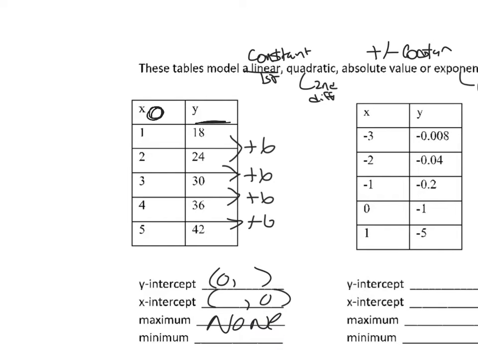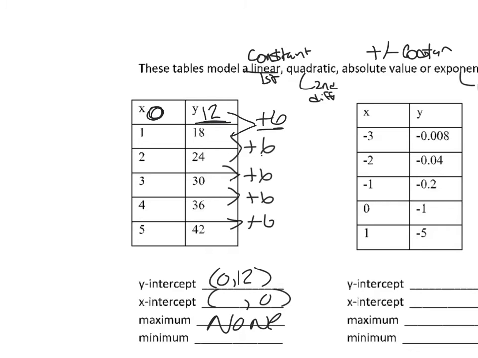If we were adding 6 each time, that meant that we added 6 to get 18. So what plus 6 is 18? Well, that would be 12. So now I know my y-intercept is 0, 12. Okay, I need a 0 in my y. Well, I'm at 12 right now.